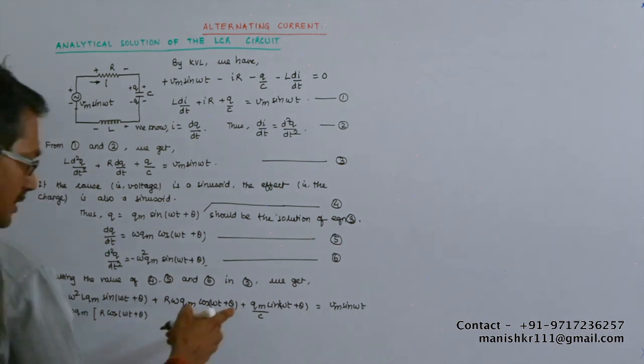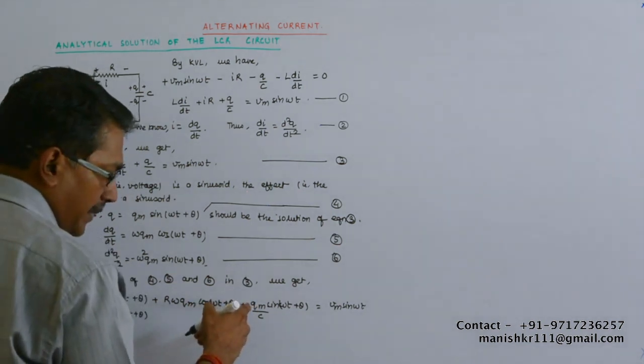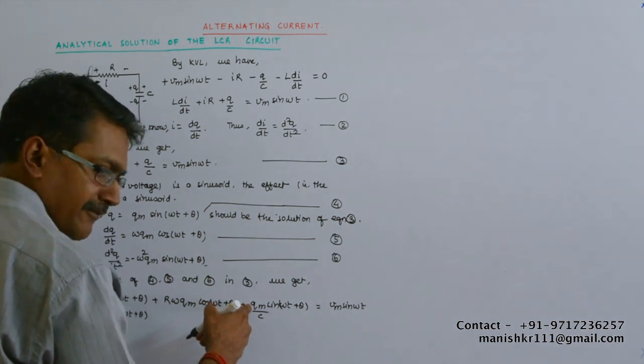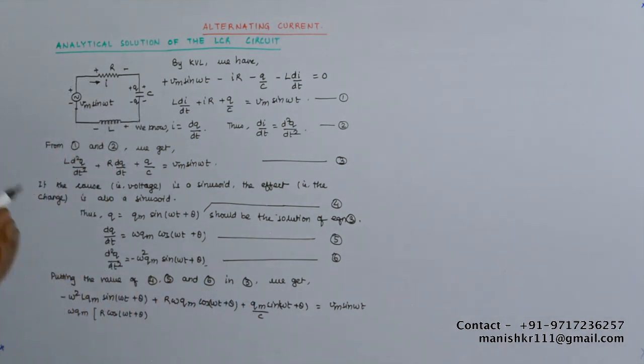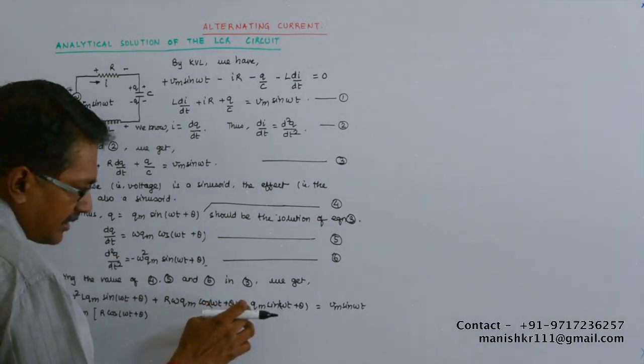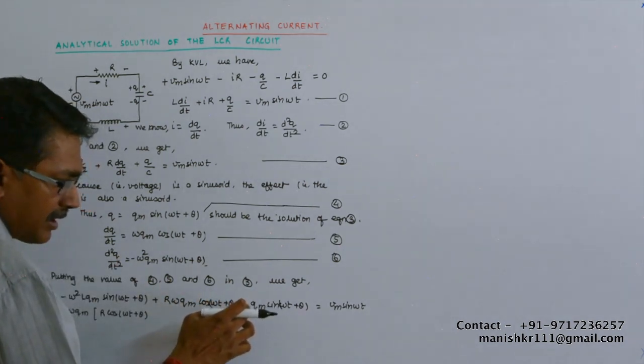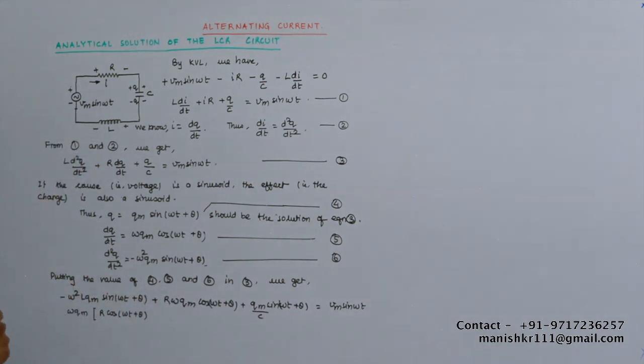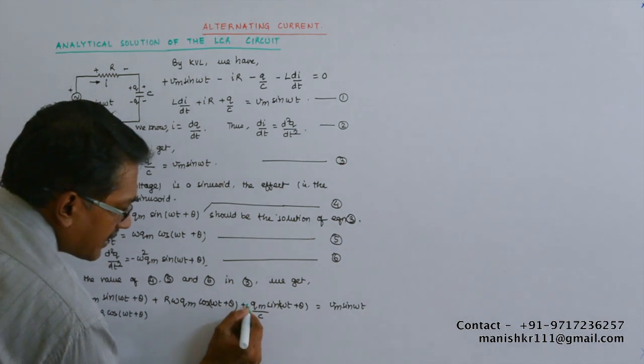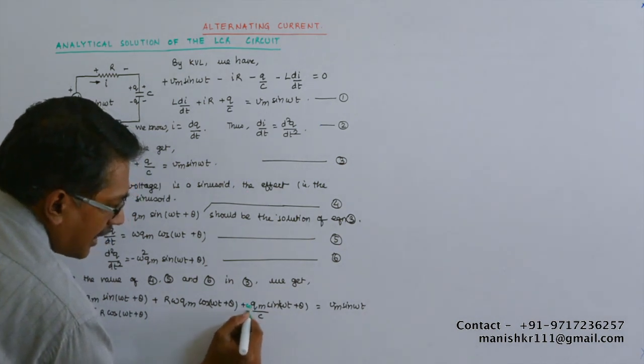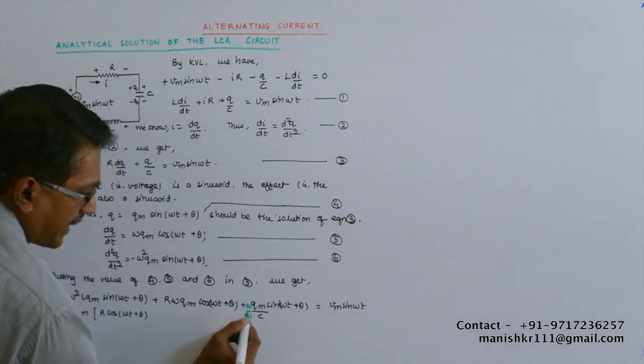Is it not? If I take out omega qm from here, you understand? How do I do that? There is no omega there. So I multiply the above and below by omega. Is it not? So here I multiply this by omega, I divide this by omega.